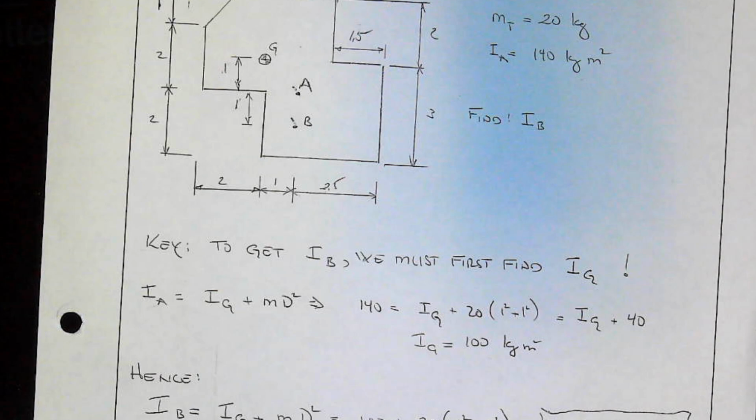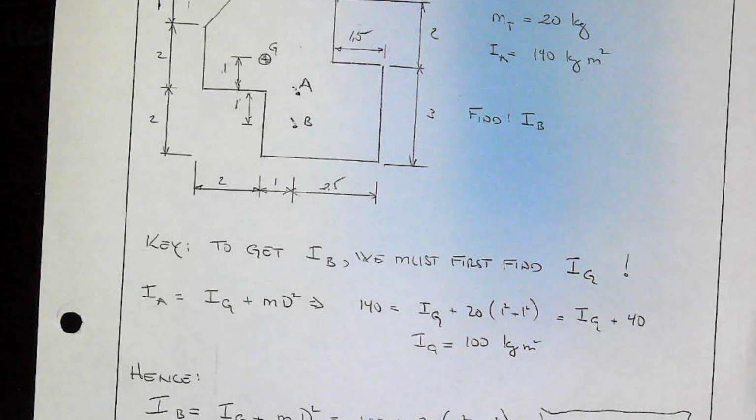Here I'm dealing with mass moment of inertia. And here we're told that's the center of mass. So to get to B, what I have to do is go from A back to G, then I can go from G over to B rather. So that's the key to the whole problem.